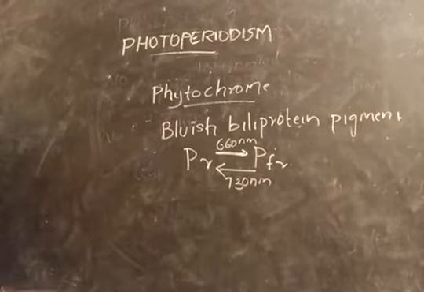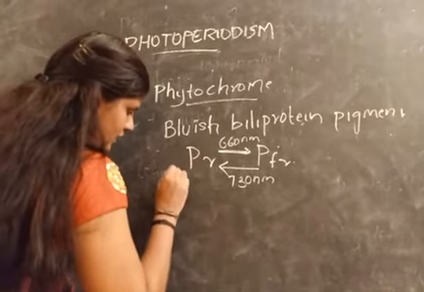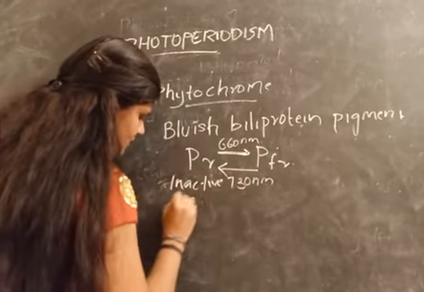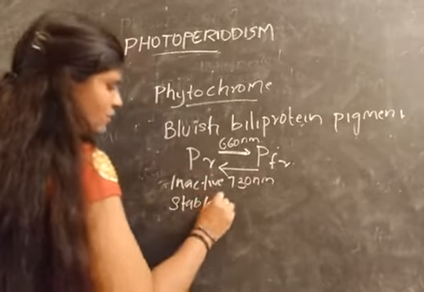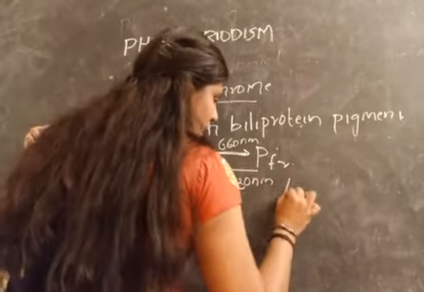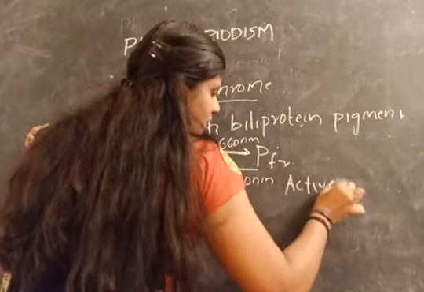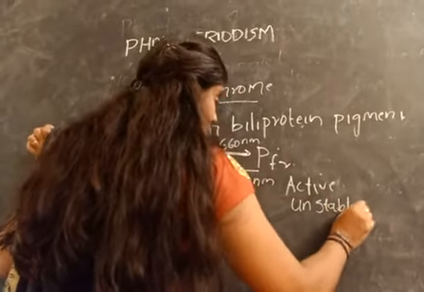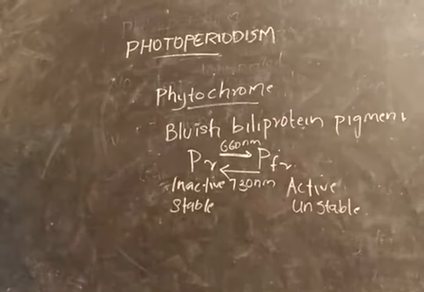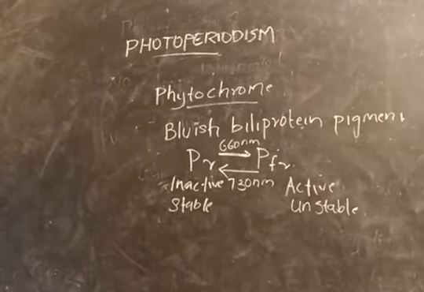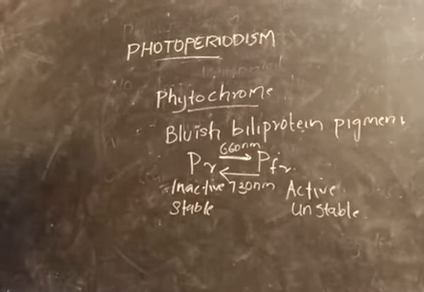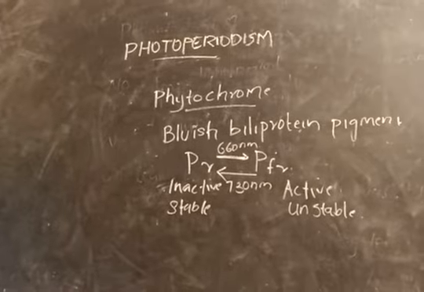So here the PR is biologically inactive, but it is the stable form, whereas the PFR is biologically active but a highly unstable form.